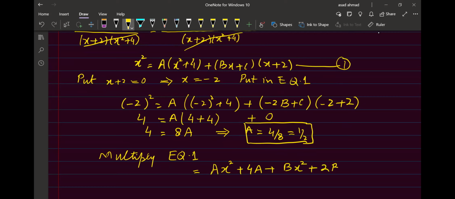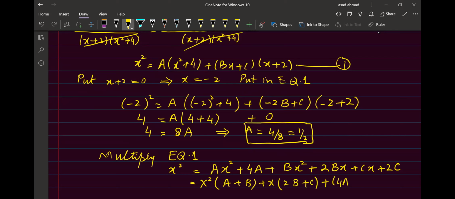Take out x square common. So we would have A plus B. Next we will take up x common, so we will have 2B plus C. And then the constants, meaning the terms which do not contain any variable x.